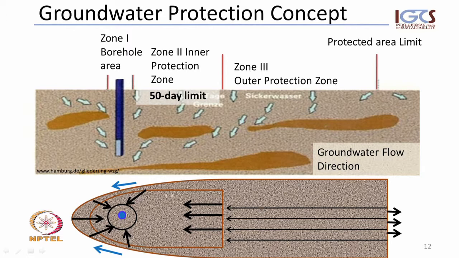And then we have our 50-day limit according to our abstraction rates and groundwater flow velocities. And then we have an outer protection zone which corresponds to the catchment boundary indicated by these arrows.